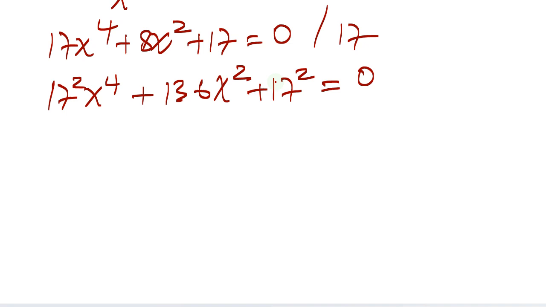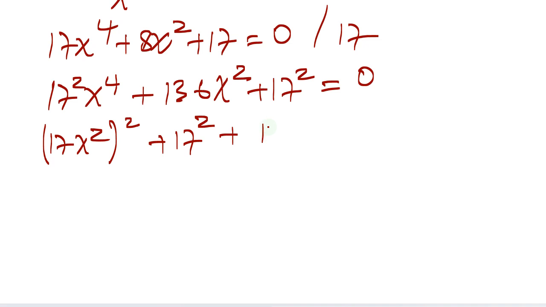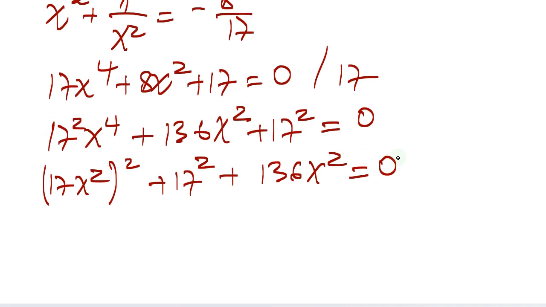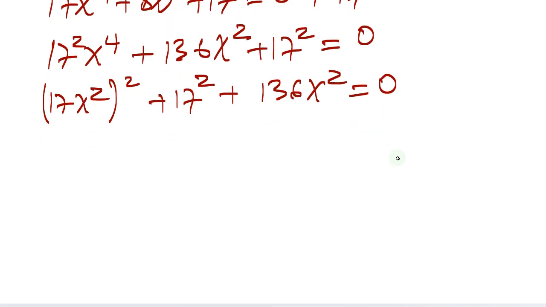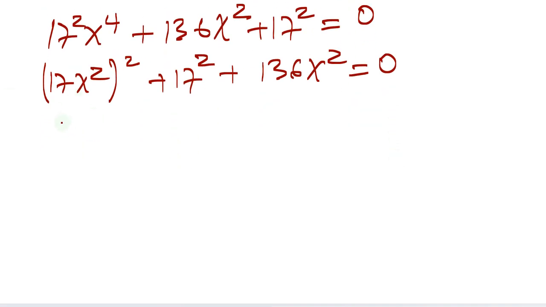So now I'm going to say that this is 17 times x squared, all to the power of 2, plus 17 to the power of 2, plus 136 x squared. Remember that you can solve this the way that you want, but I like solving this problem this way.